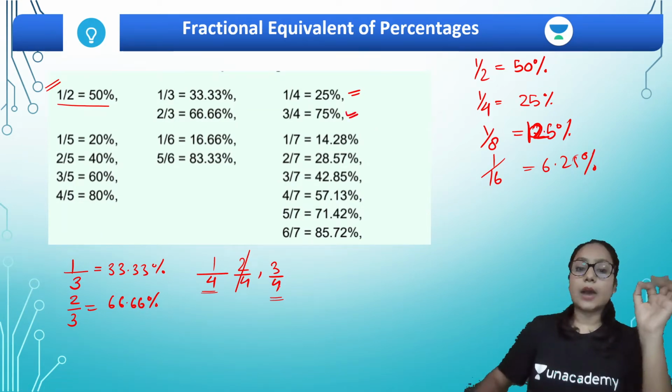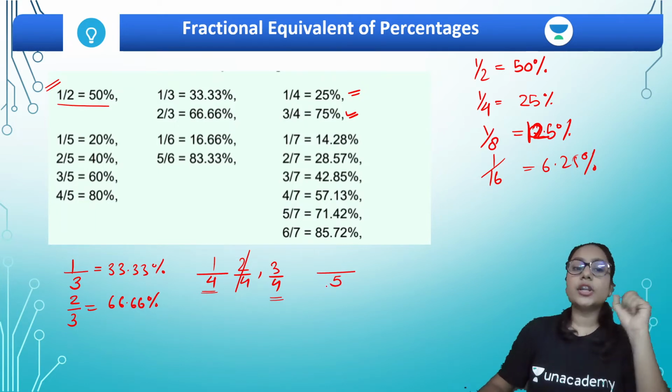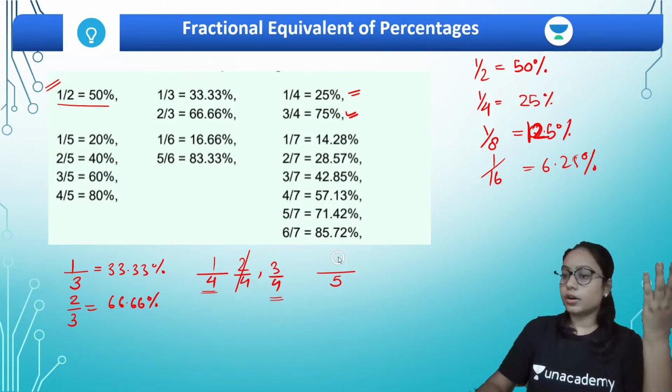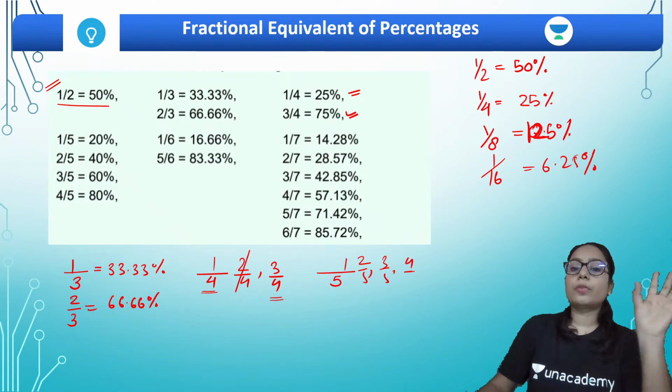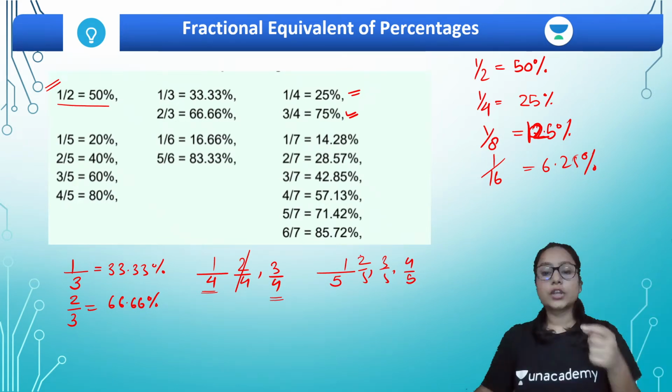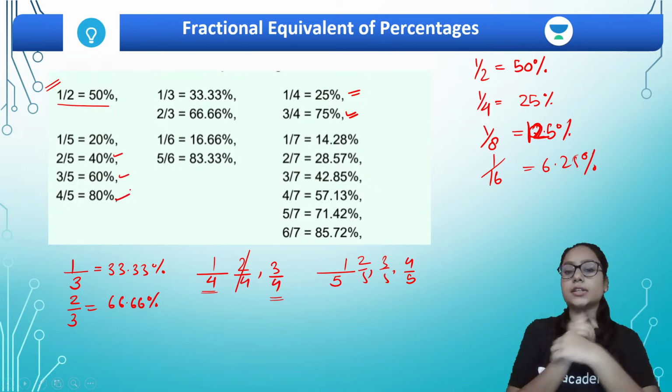Now, what if my denominator is 5? Then the numerators can be 1 by 5, 2 by 5, 3 by 5 and 4 by 5. For 1 by 5, this is 20%. For 2 by 5, 40%, 60%, 80%.